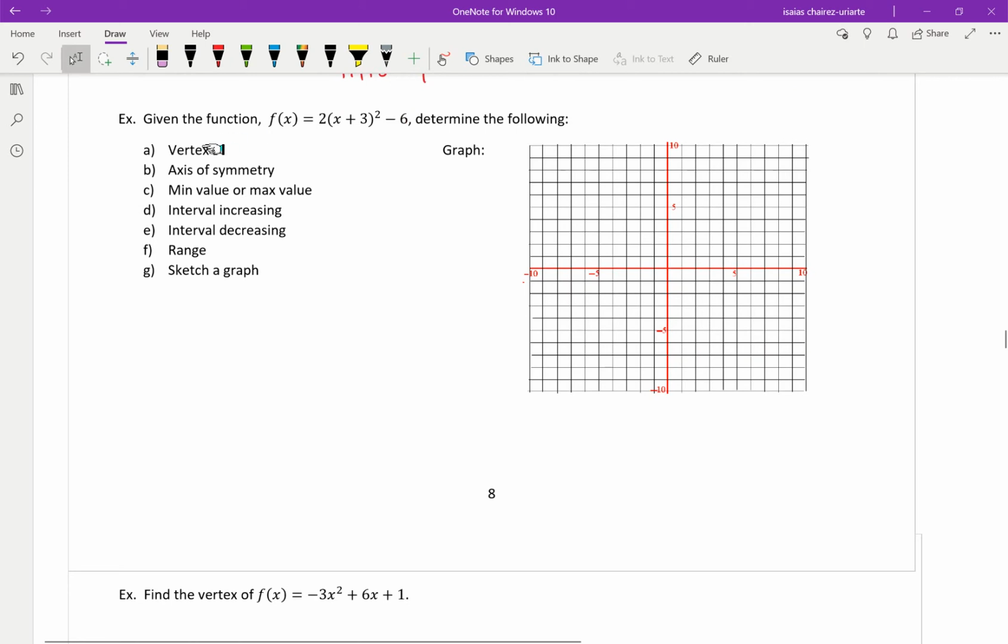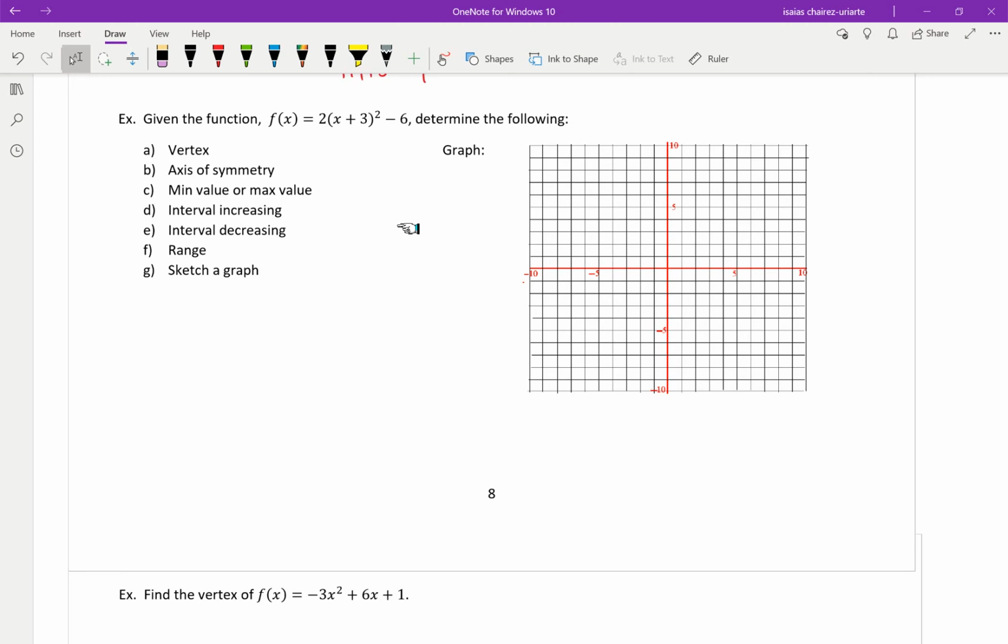You're going to have to figure out what is the vertex, what is the axis of symmetry, determine if the vertex is a minimum or maximum, and find the minimum or maximum value, the intervals where my function is increasing and decreasing, and what's the range of my function, and sketch a little graph of it. So pause the video, take a few minutes, see if you can take care of all of these little questions.